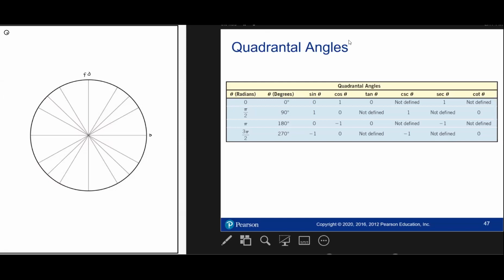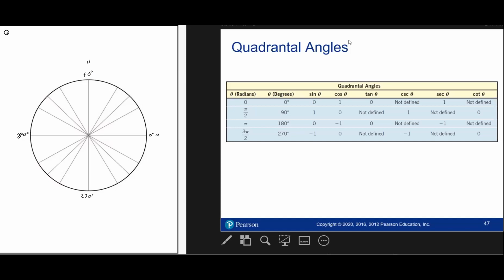and 90 and 180 and the 270. Those are the quadrantial angles. And this is 0 radians as well as 0 degrees.